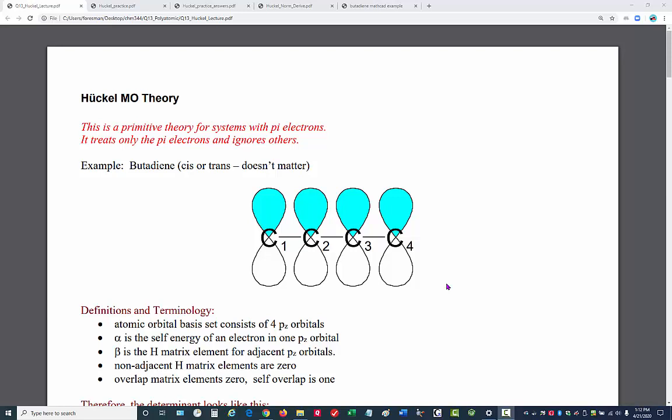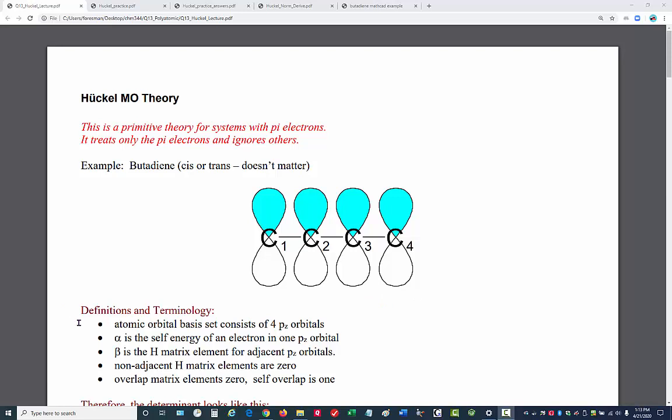Here we're going to be putting a pz orbital on each atom. And then we're going to let them blend together and see what we get in terms of the resultant wave function and energy for the system. So you see now why we were saying only the pi electrons are being treated here, because we're only using the p orbitals, which go into making the pi system.